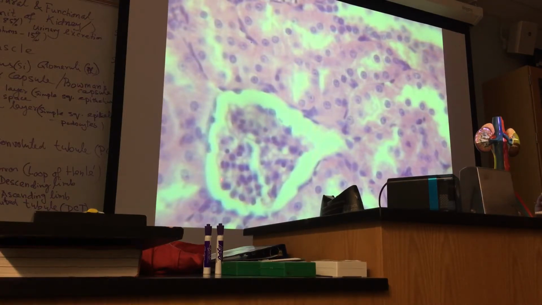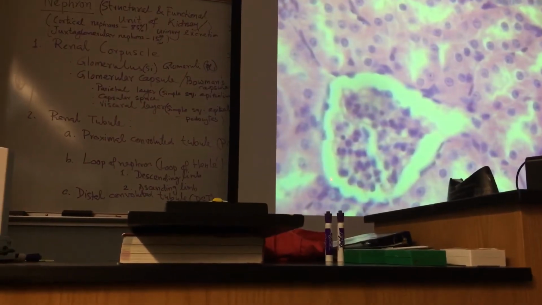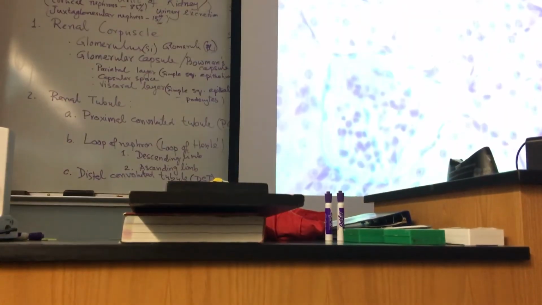And this is the capsular space where the glomerular filtrate accumulates. From there, it will flow through the proximal convoluted tubule. So, the glomerular capsule has the parietal layer here, and the visceral layer is over here.